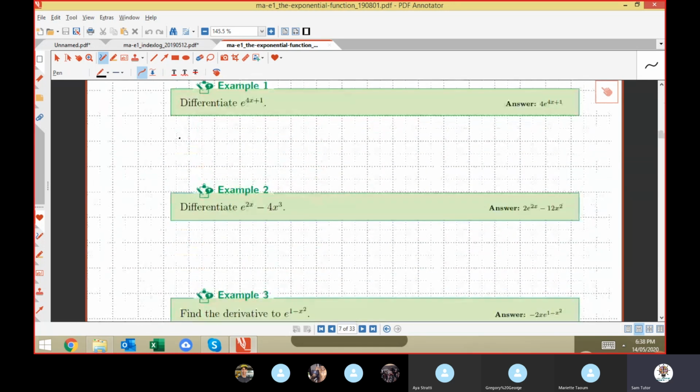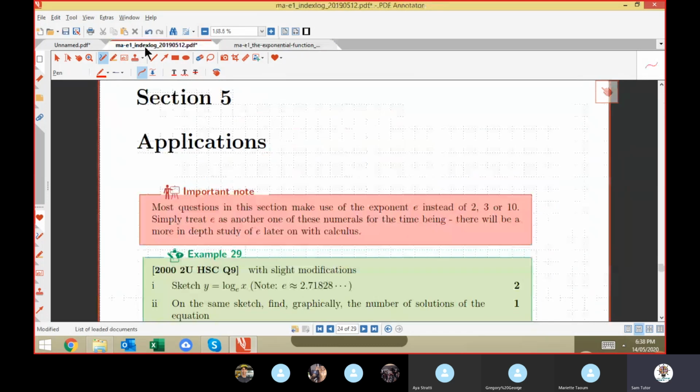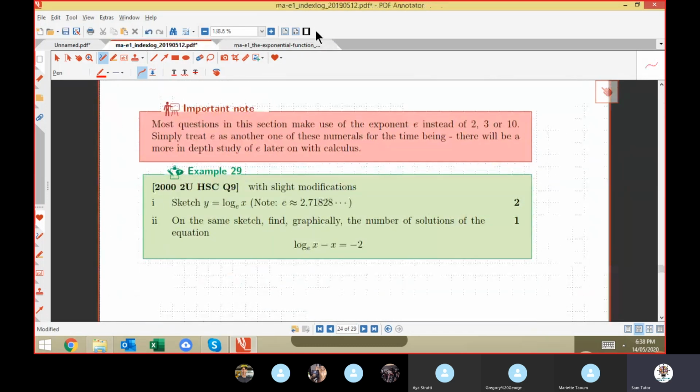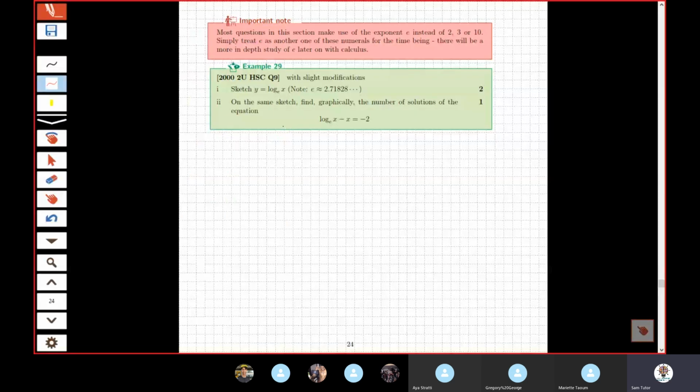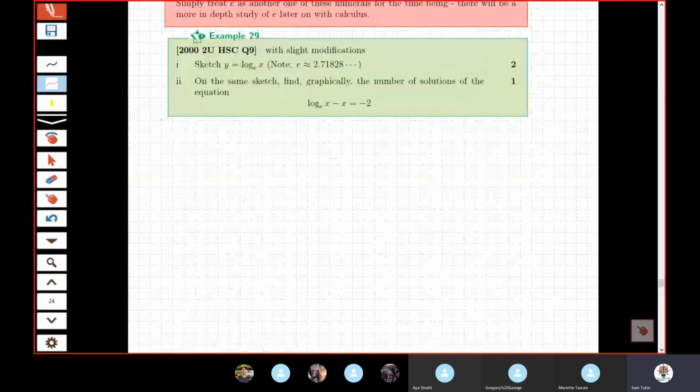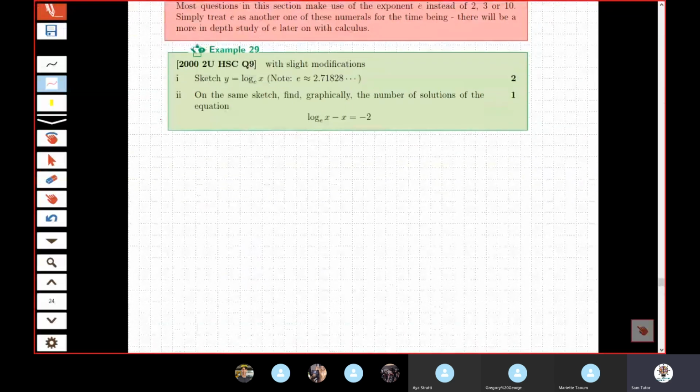Okay. Still different shape. All right. Let's do this application and then we'll get up to the exponential functions, next bit of it. So a few application questions.